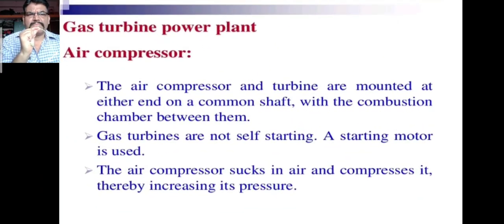So in gas turbine power plants, one of the parts is the air compressor. As we know, the air compresses. The air compressor and turbine are mounted at either end of the common shaft with the combustion chamber between them. So in between the compressor and the turbine there is always a combustion chamber.